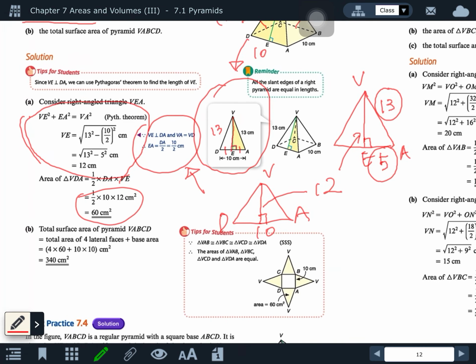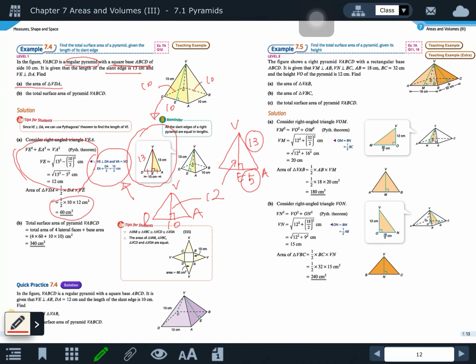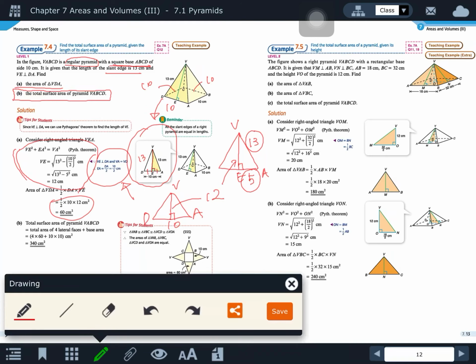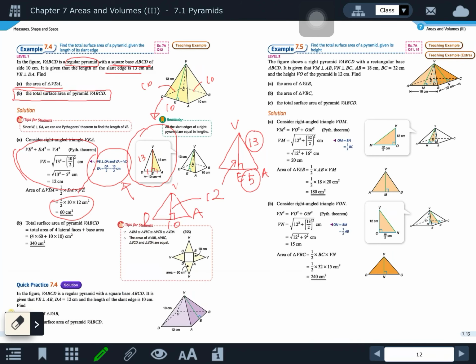After finishing part A, we are now talking about part B, focusing on the total surface area of this pyramid. I cancelled out some messy things. In this part you will see we are adding up all 5 faces.